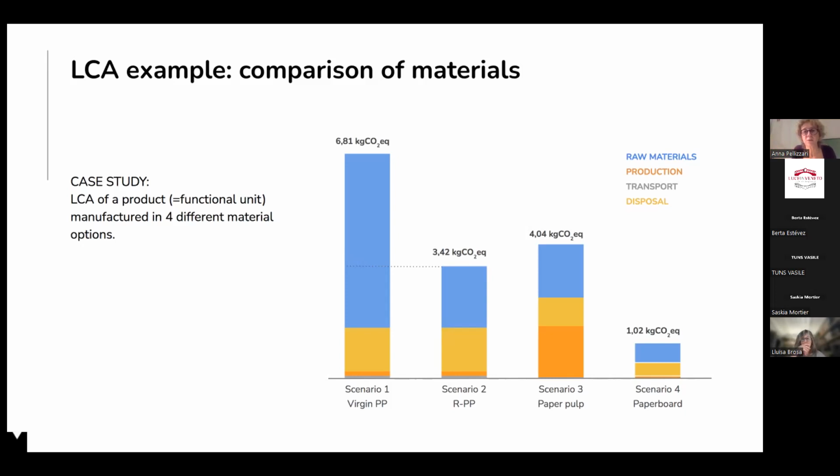It would depend on many things, the type of plant, where it is manufactured, the type of technology, etc. So the LCA is super interesting and super useful to make a comparison of these types of things.